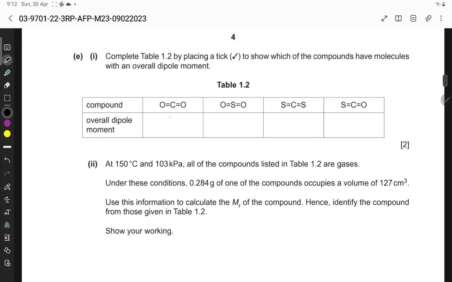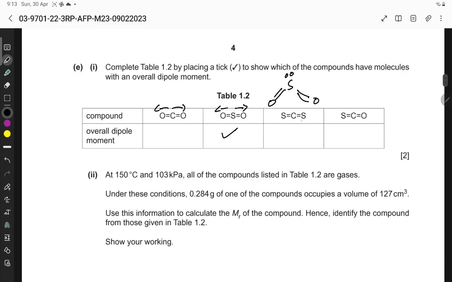This one has no dipole, as the effects cancel each other. This has a dipole because sulfur has a lone pair of electrons. This is the structure of sulfur dioxide, so it has a dipole moment. Again this is the same, so the effects cancel and there is no dipole moment. And this is a different case.